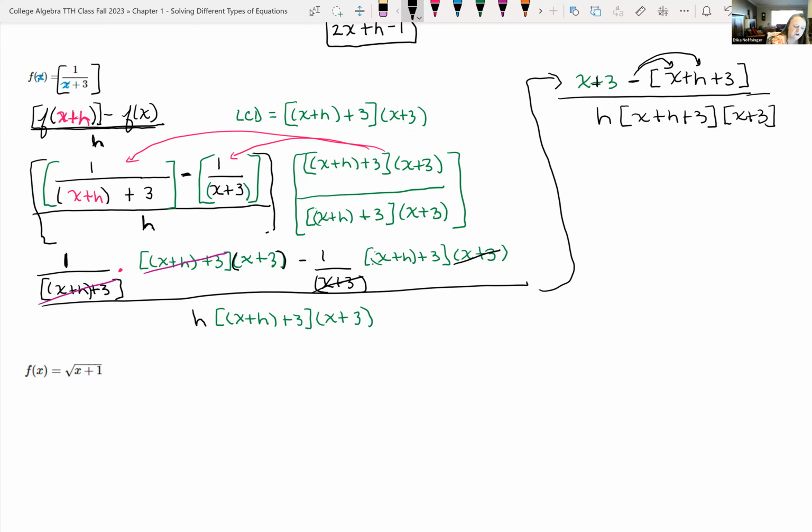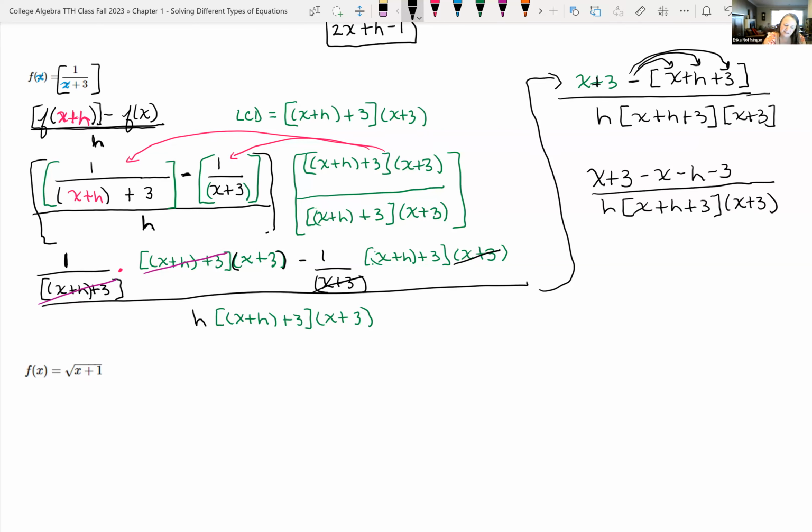We need to distribute our -1. So let's bring down our x plus 3. Distributing -1, we get negative x minus h minus 3 all over h times x plus h plus 3 all over, or times x plus 3.